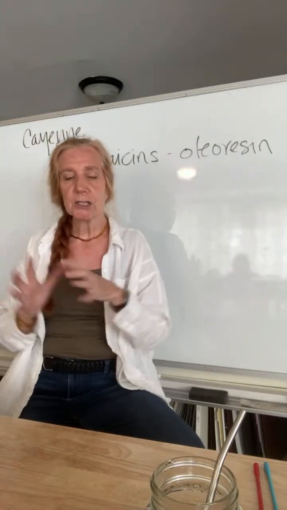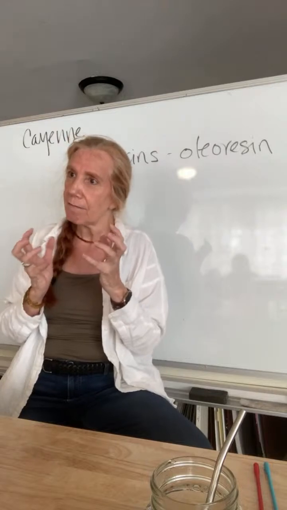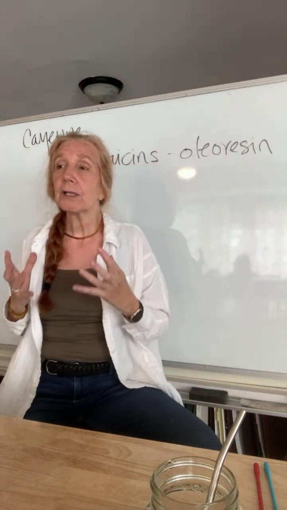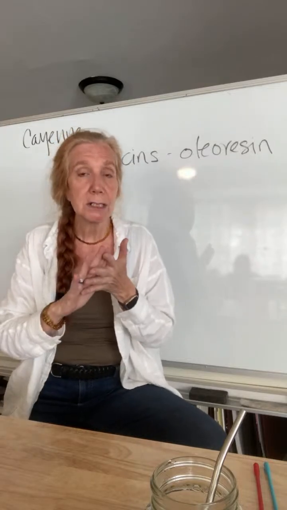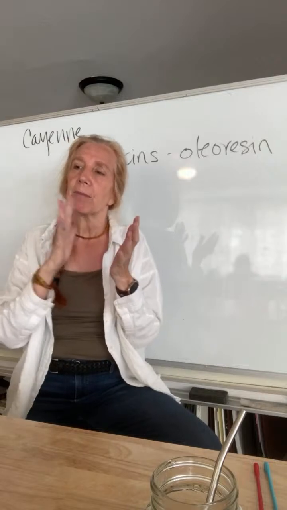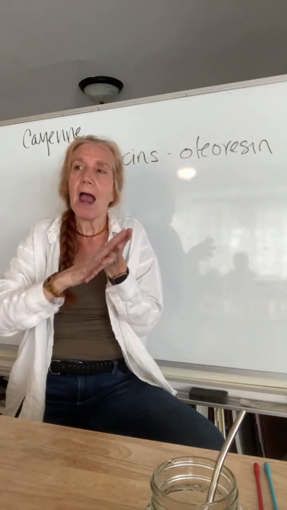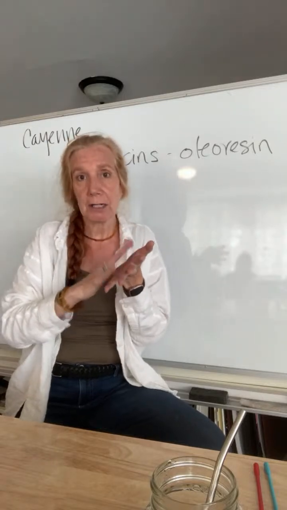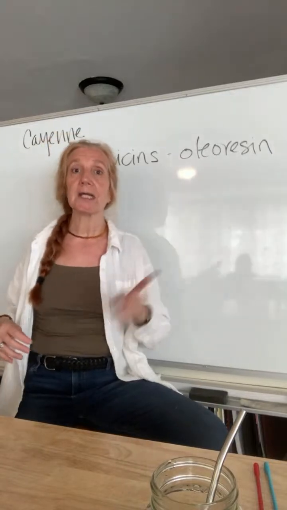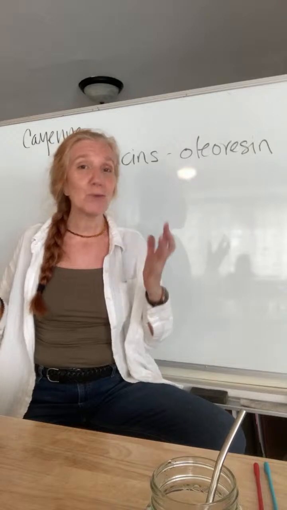So these oleoresins, when they're applied to tissues, they generally are going to have an irritating effect because they're holding on to tissue that doesn't really like to have oils, resinous compounds attached to it. So almost always when we apply oleoresins to the skin, there's going to be some type of activation in the underlying tissues. Okay. Now with the capsaicin oleoresin, there's a very specific activation, and it's really cool.